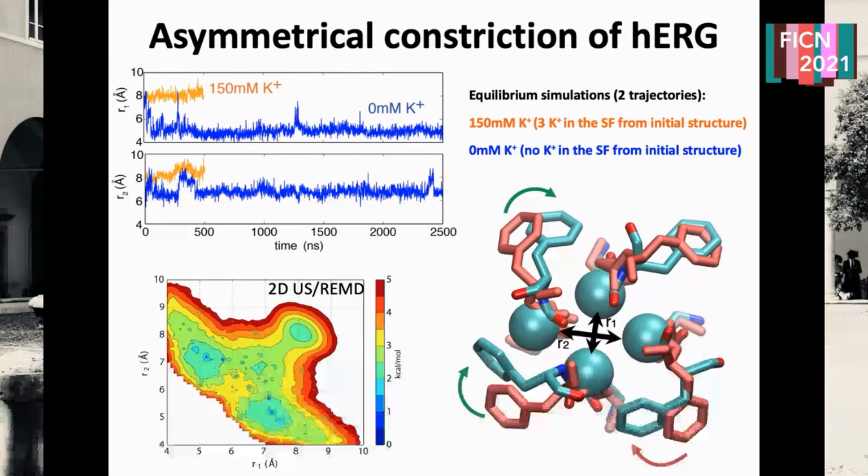And this is, again, the PMF versus the two distances, and you've seen PMFs, I guess. So these are the asymmetric constrictions. There is no symmetric constriction of hERG, a bit like with the D-alanine of KcsA, which is something we have seen before.